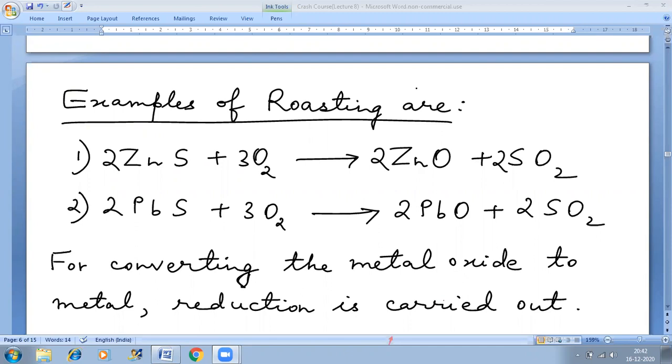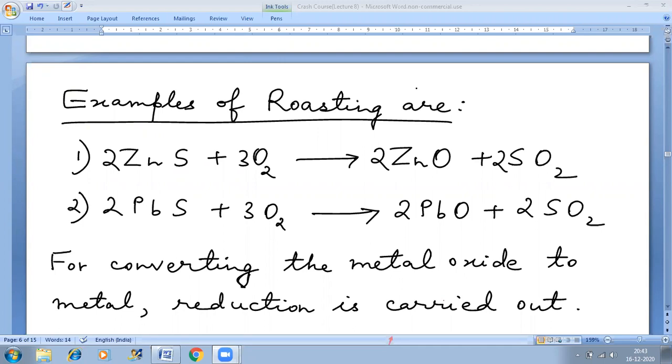So as a result of calcination and roasting, we have obtained oxides of metals. We have not yet obtained the metals, just the oxides. So that is one part which is accomplished.